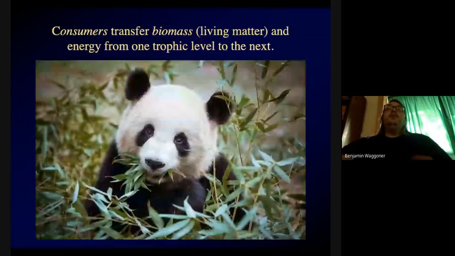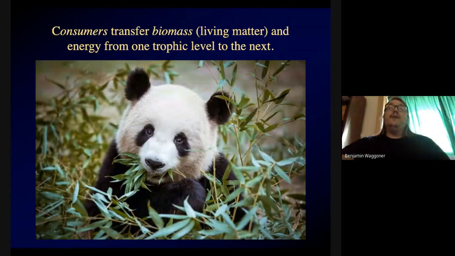So what consumers are doing is transferring biomass from one trophic level to the next. So here's a panda eating bamboo. And the bamboo is, of course, the primary producer, because the bamboo is taking carbon dioxide gas and water and a few nutrients through the roots and converting them into more bamboo, right? Converting it into bamboo biomass.